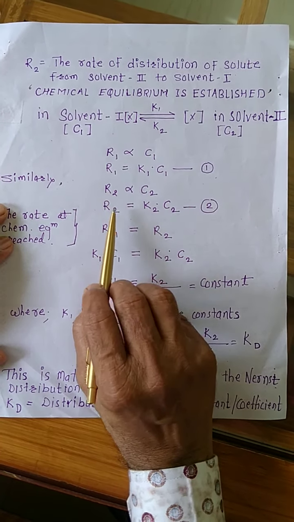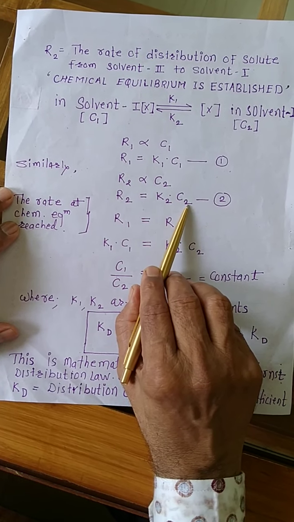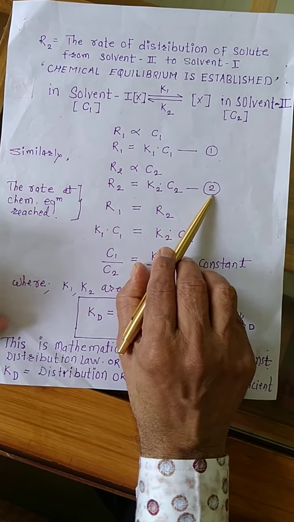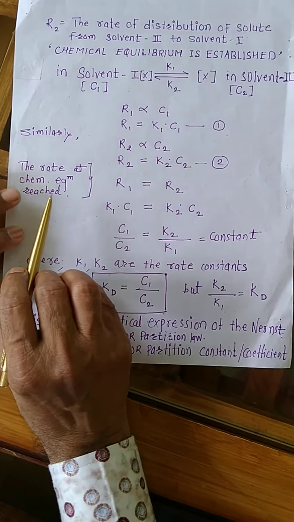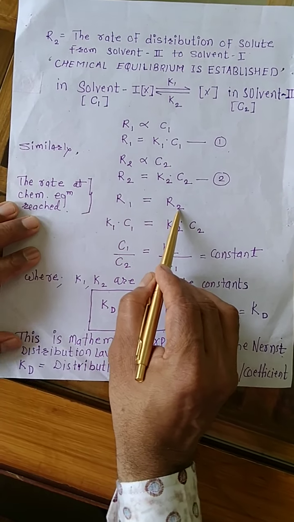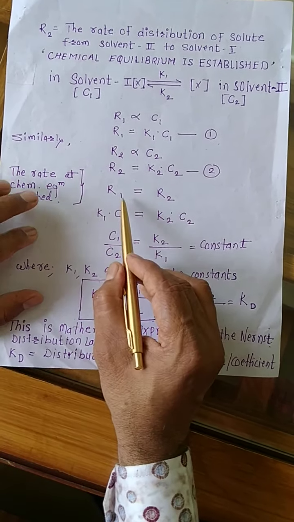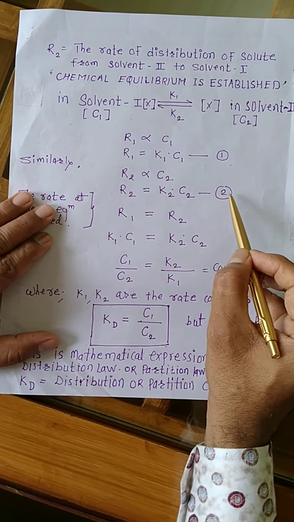This equation we may write as R2 is equal to K2 into C2, labelled as equation 2. When dynamic equilibrium is reached, the rate R1 becomes equal to R2. Substitute the values of R1 and R2 from equations 1 and 2.